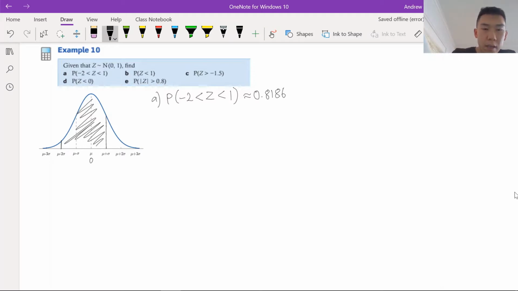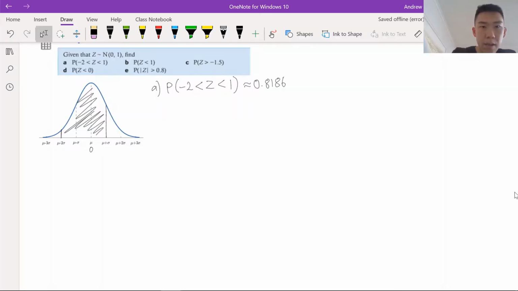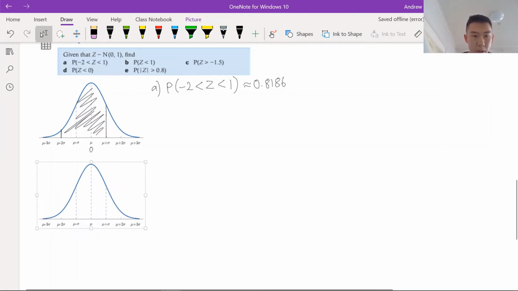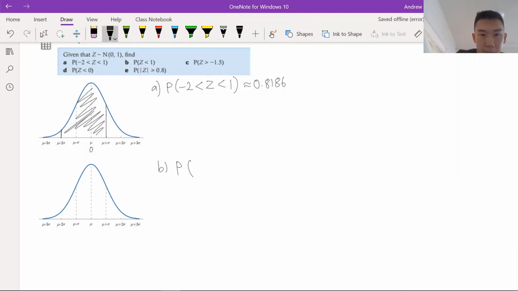Now for the rest of them, I might as well just explain them with the diagram as well. So for B, we want the area that's less than 1. So 1 standard deviation from the mean is here. We want this entire area.